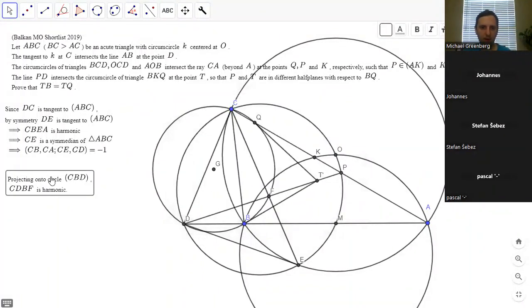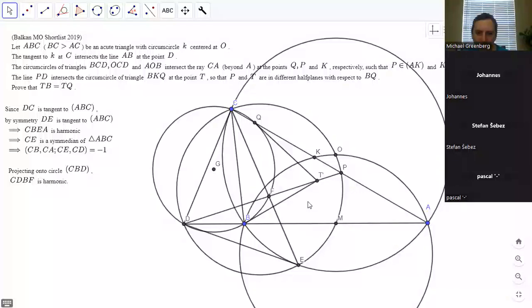And then, oh, but we didn't show that these concur at a point. Well, oh yeah, I think there's still one more step, right? We have to show that these two concur on the circle, so that it is an angle chase. So I will write it in the chat.